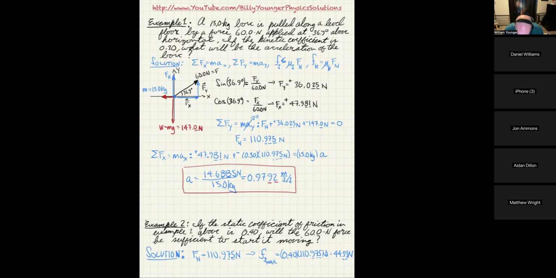What we discovered, though, was that the X component of the 60 Newton force was in fact 47.981. So F sub X is equal to 47.981 newtons. And of course, the 8 and the 1 were not significant, but that is greater than the static friction max. So, yes, it is sufficient.